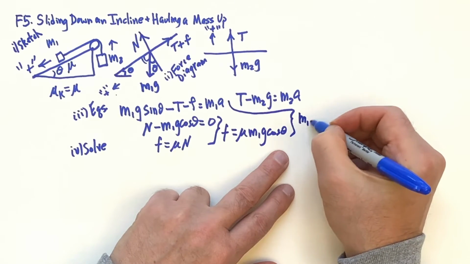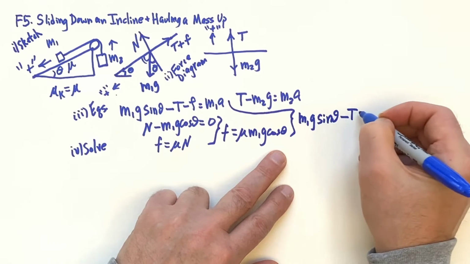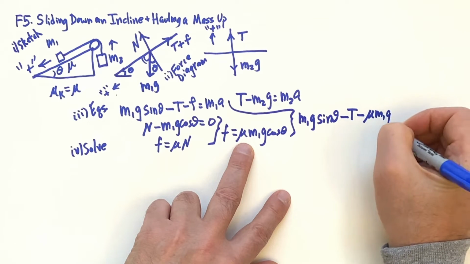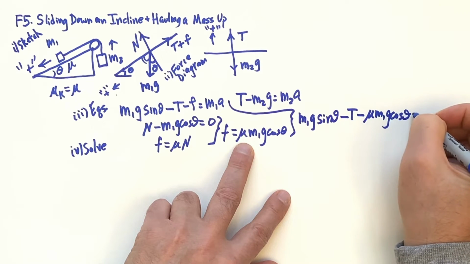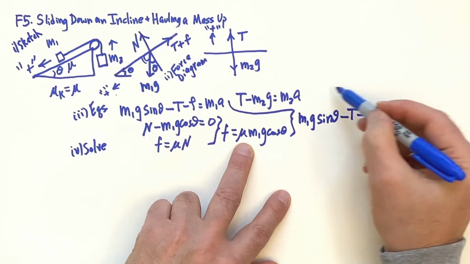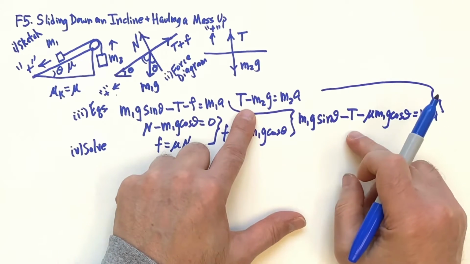So I have M1G sine of theta minus T minus the mu M1G cosine of theta equals M1A.